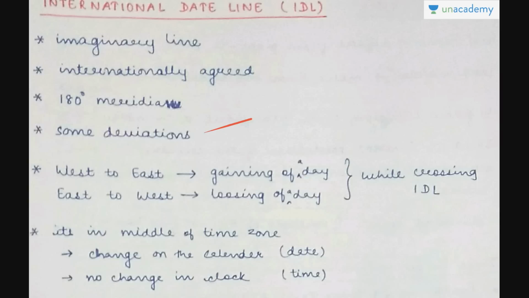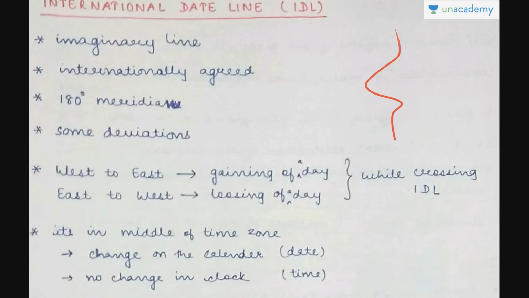Like in the northern Pacific, the Aleutian Islands of Alaska, and in the southern Pacific, the islands of Fiji and Tonga. Those people would face problems as soon as they cross this line, because there would be a change in the day. So just to accommodate them on one side, this line is made to pass through the water body, and because of that only there are deviations.